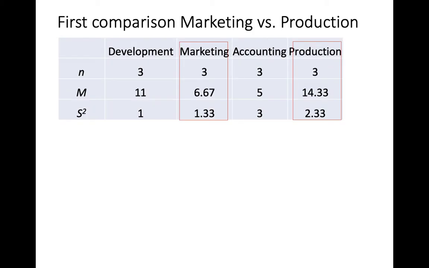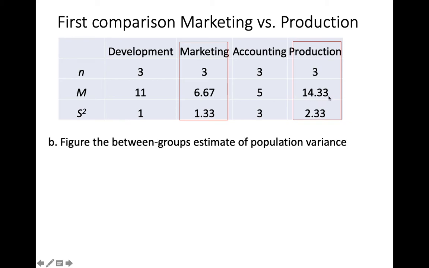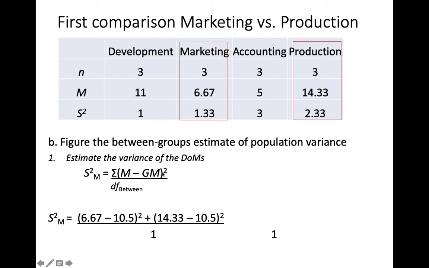Okay, so for our first comparison, marketing versus production, what we need to do is figure out the variance between these means of 6.67 and 14.33. We're going to do that using the same procedure of estimating the variance of the distribution of means. Our grand mean here is the average of 6.67 and 14.33, which gives us a grand mean of 10.5.